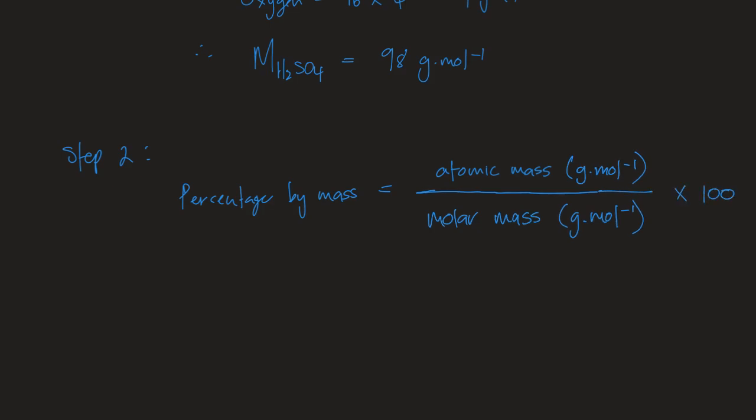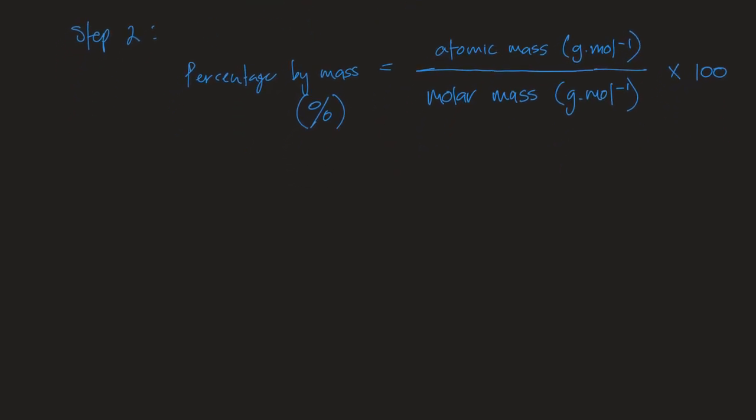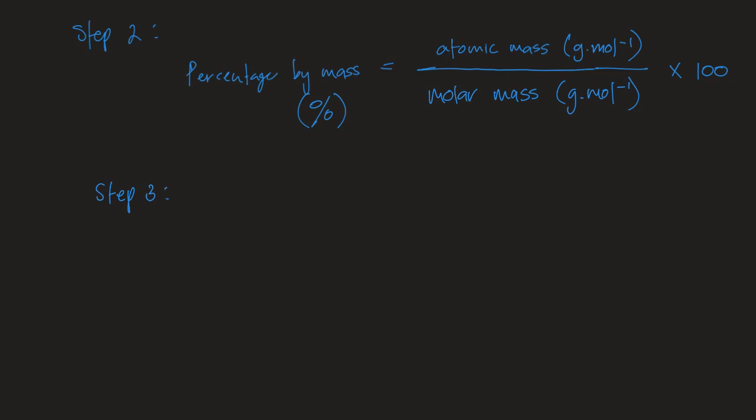The answer you're going to get here is in percentage. This formula, again, is not on your formula sheet. You just have to know it. All right, step 3: we sort out each individual atom. For hydrogen, the percentage is equal to 2 divided by 98 times 100.